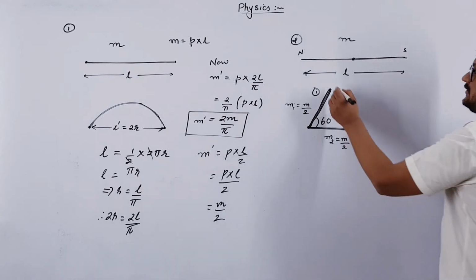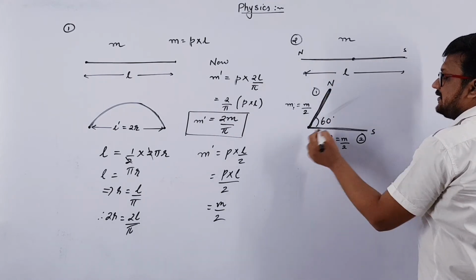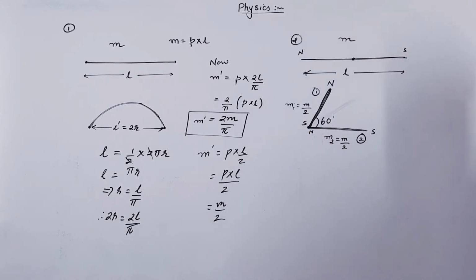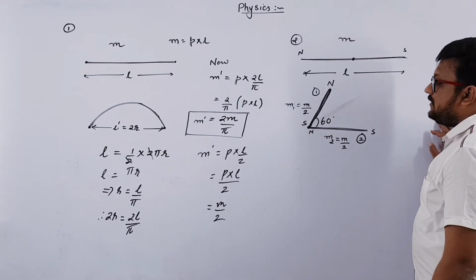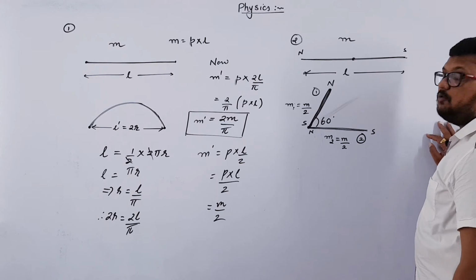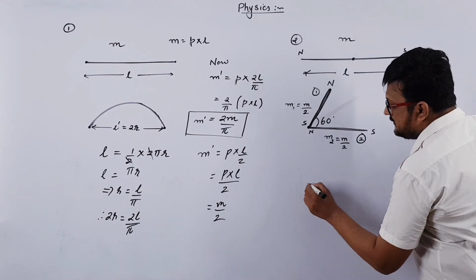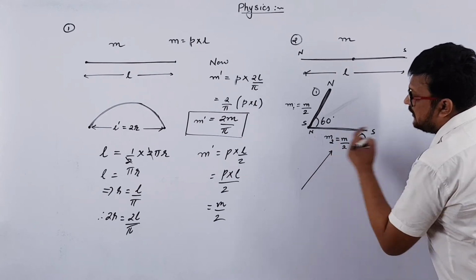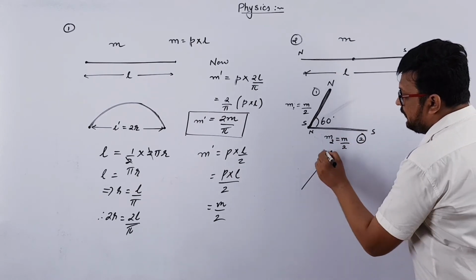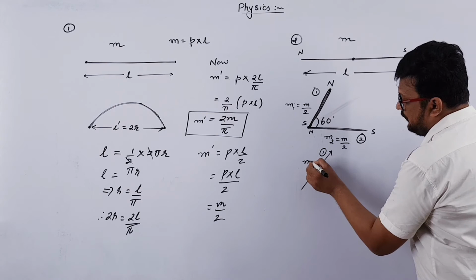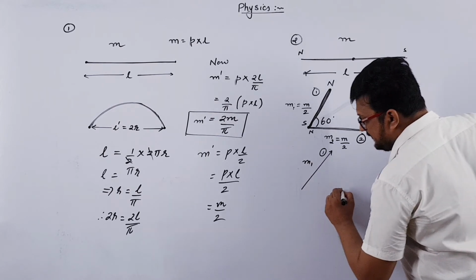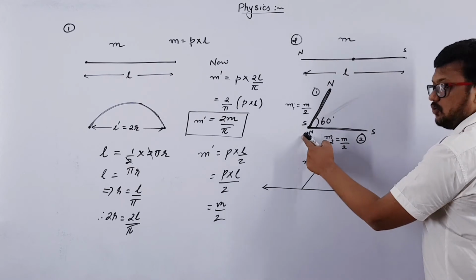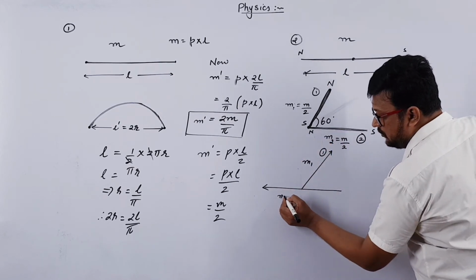If this is north and this is south, and you consider these as two different magnets, then each will have a north and south. Magnetic dipole moment is always from south to north. So in this case the magnetic dipole moment of the first one, M1, will be in this direction, south to north, and for the second it will be in this direction, M2.